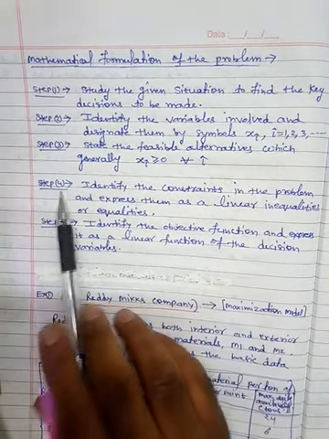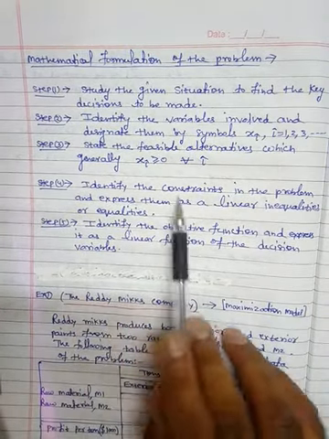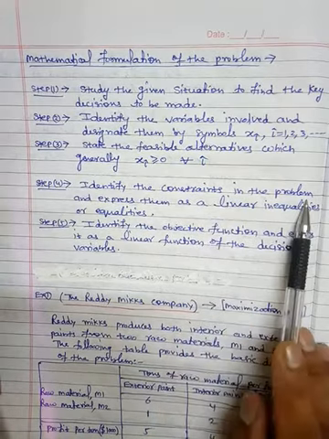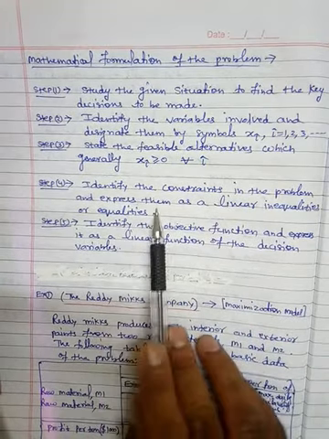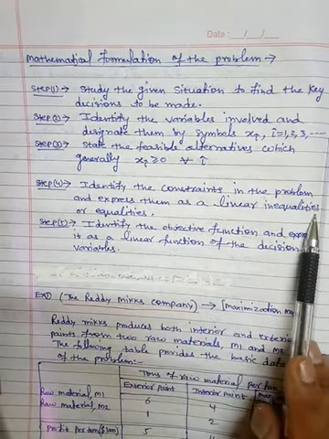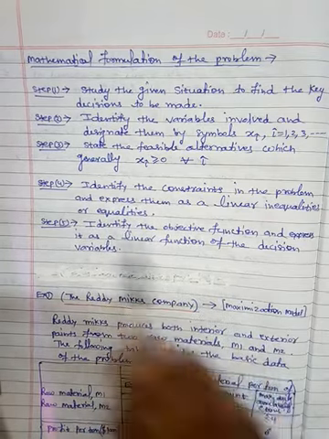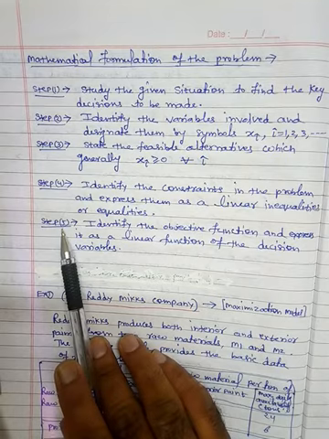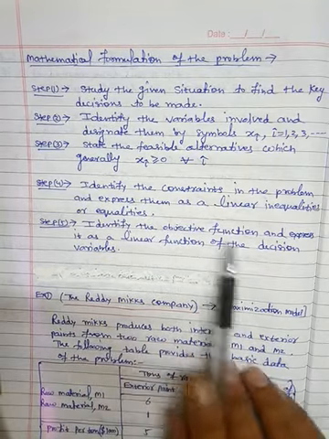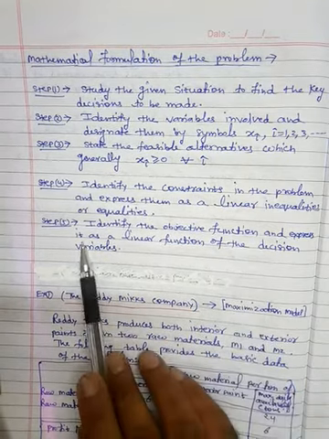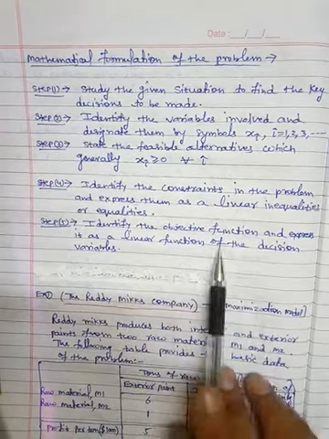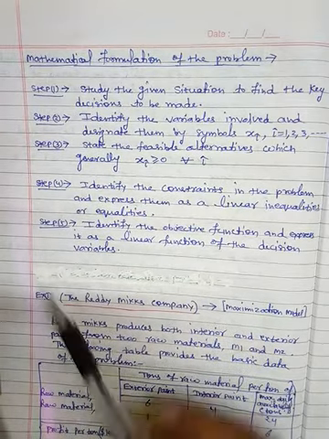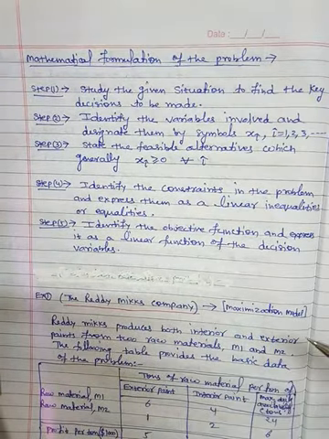Okay. Step number 4, identify the constraints in the problem and express them as linear inequalities or equalities. These are also known as the constraints. Okay. Step number 5, identify the objective function and express it as a linear function of the decision variables. So these are the 5 broad steps.